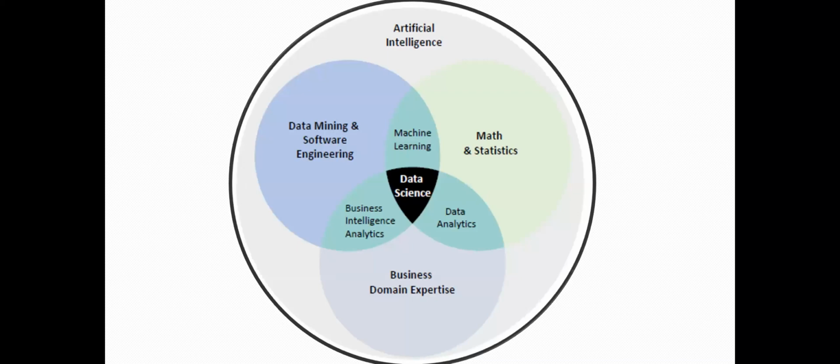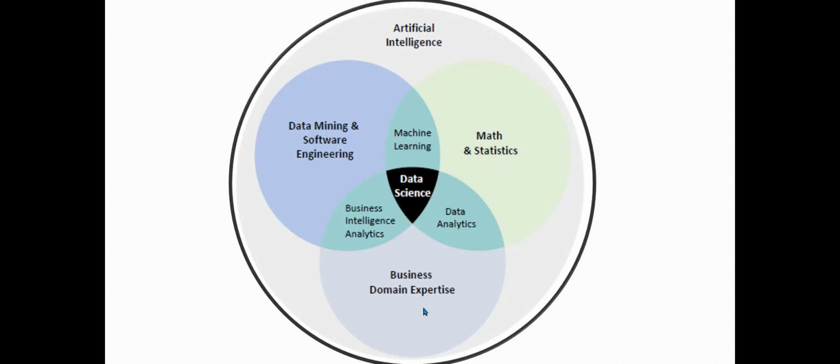So where does data analytics stand in the grand scheme of things? In the big realm of artificial intelligence, we have three main pillars. First, we have data mining and software engineering. These are commonly known as IT. Then we have math and statistics, which we all have some form of foundation from our early school years.